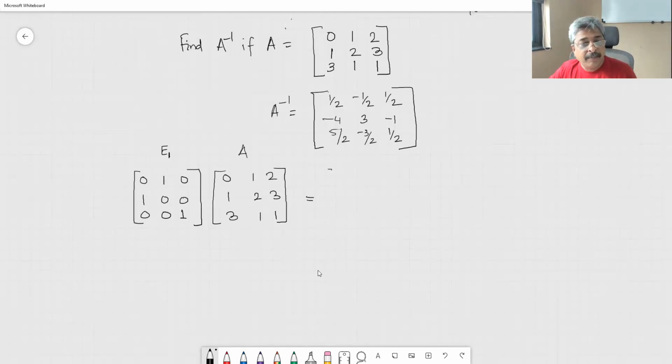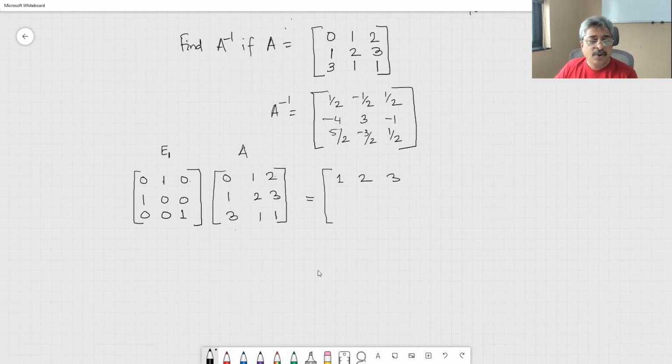Now, if you really multiply this, you will get 0 into 0, 0, 1 into 0, so the first entry will be 1. Second entry, 0 into 1, 0, 1 into 2, 2, 0 into 2, 0, 1 into 3, 0, 3, 0 into 1. So I got my second row in the first position.